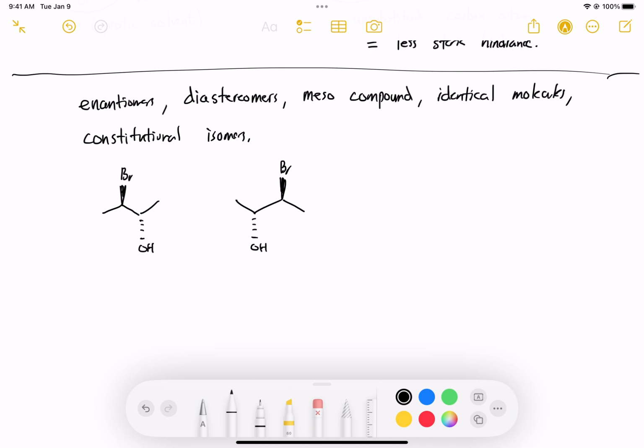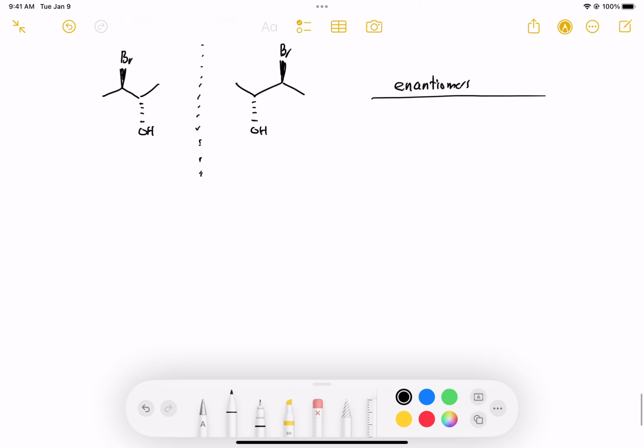But if we drew a mirror plane here, it looks exactly like the other molecule, just reflected back, right? So these are enantiomers. All right, so that's exactly a mirror image, and they're not superimposable because if you try to put one on the other, it's like putting your left hand onto your right hand. They won't match up. Okay. All right, so that's that one.